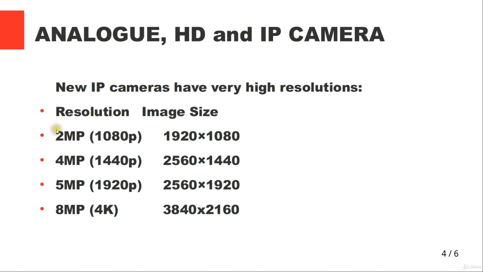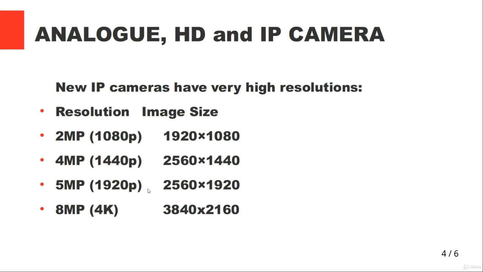Another thing is that the whole compression happens in the camera. So for instance, you can have a 4 megapixel camera, but in the camera settings you can make it 2 megapixel if your DVR cannot handle more. You may ask, what's the point of buying a better camera if you have to lower the resolution?